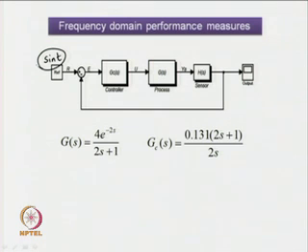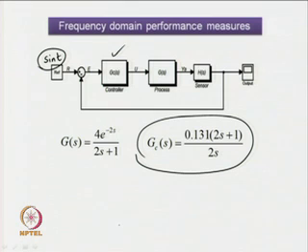When the input to this system is sin t and we have a controller whose dynamics is given by the transfer function G c s, which is the same as 0.131 (1 upon s plus 1), which gives us again 1 upon 2 s plus 1.